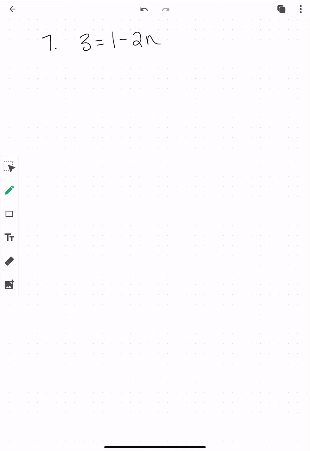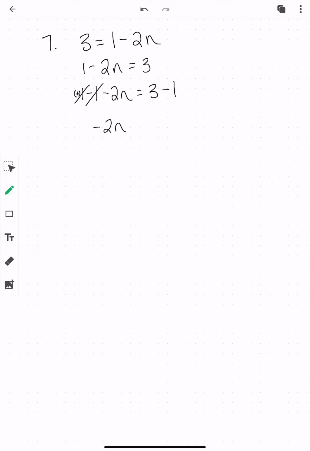And let's solve this symbolically so we make sure that we know what we're doing. And again, I'm just going to flip it because I find it easier. You don't have to do this. I'm going to get rid of my 1. So this is a positive 1. Don't forget, this is secretly a positive. So I'm going to subtract 1. And then I have my negative 2n. So these are going to cancel each other out. Equals 3 minus 1.